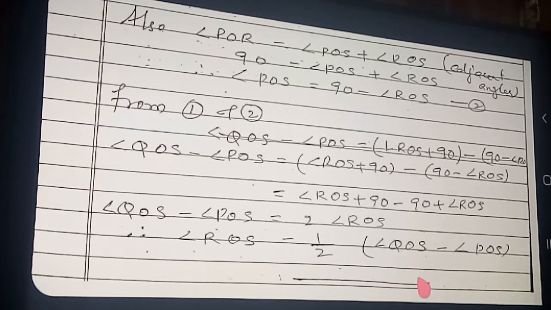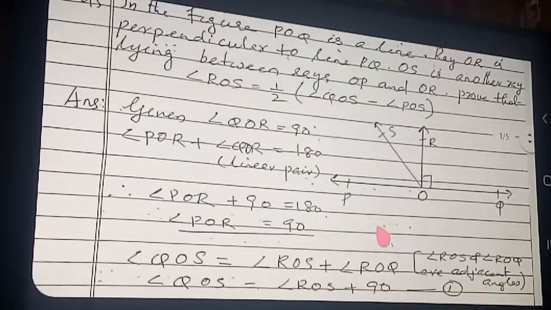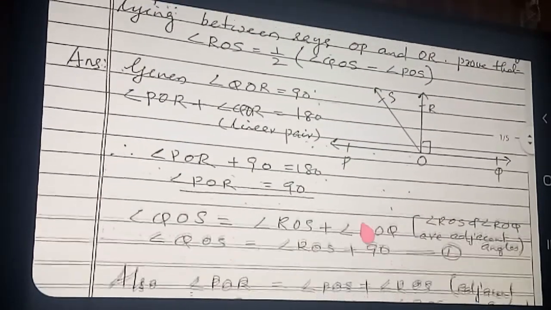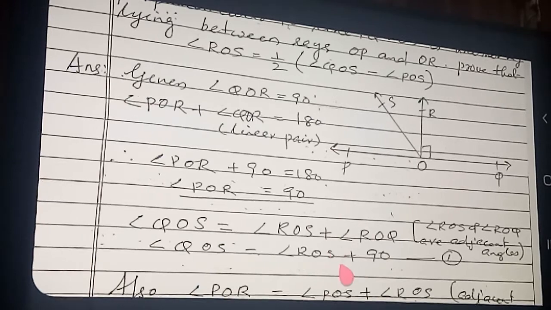Okay. Go through the rider properly. It is a very important rider. In exercise 6.1 we explained, including this one, 2 or 3 riders. All the riders, learn. It is just like a theorem only. So we are deducing from the theorem. That is why we are calling them riders.